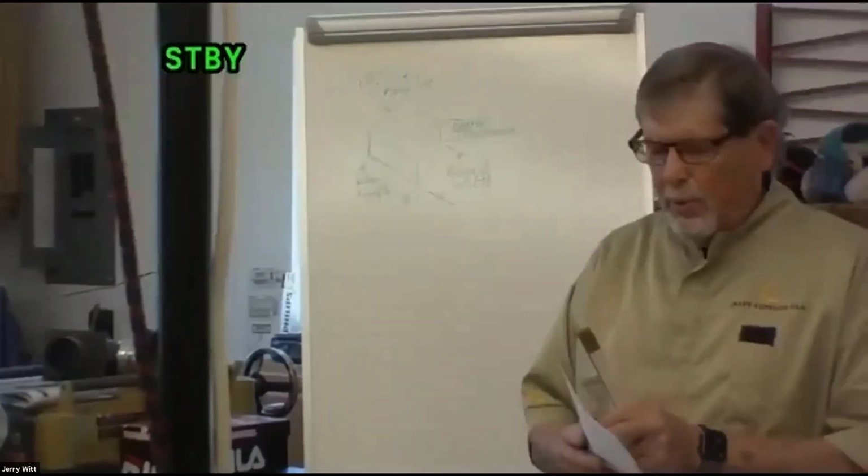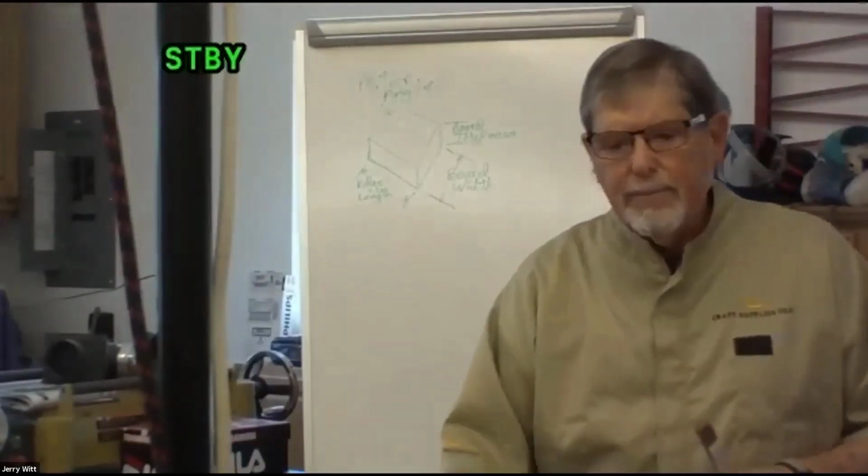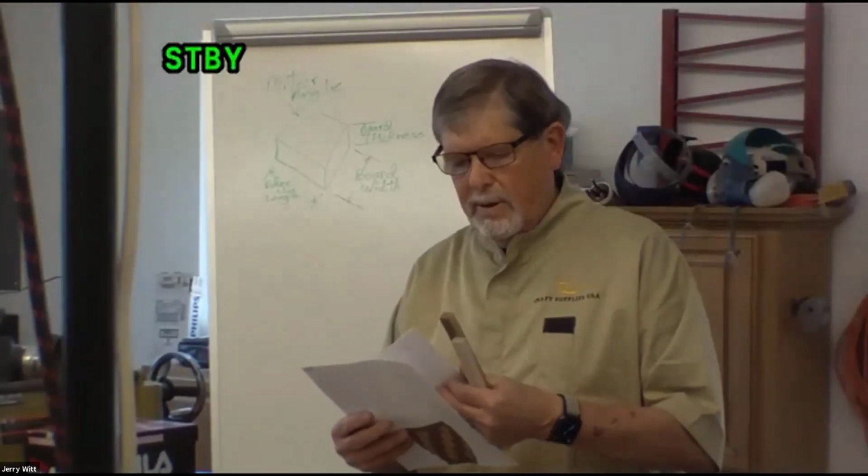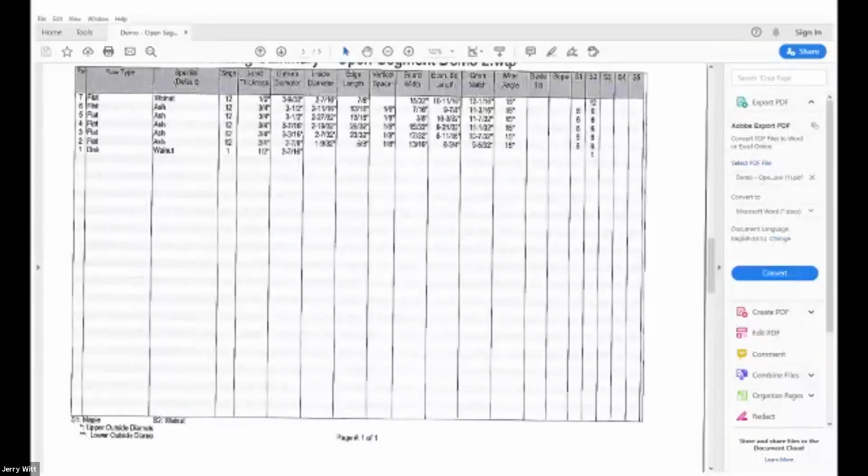So what I end up with is, in that cutting schedule that you saw, one of the dimensions is board width. And so I cut enough strips to get the number of segments that I need. Again, the program is handy because it gives you what's called the economy board length.